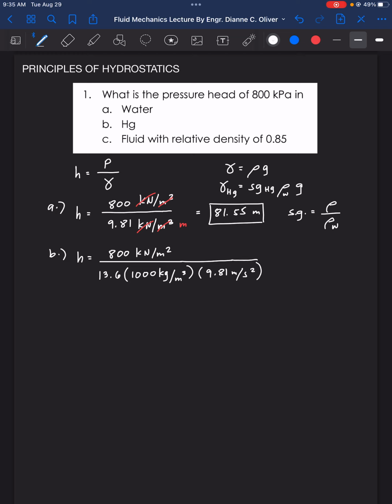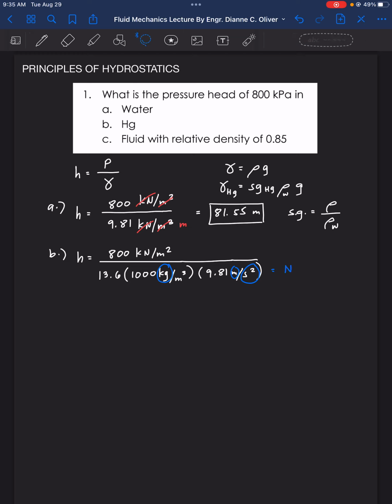Okay, so what will happen here? Again, we have the cancellation. Now in order for us to get the newton, we need the kilogram meter per second squared, right? So we will now have the newton.